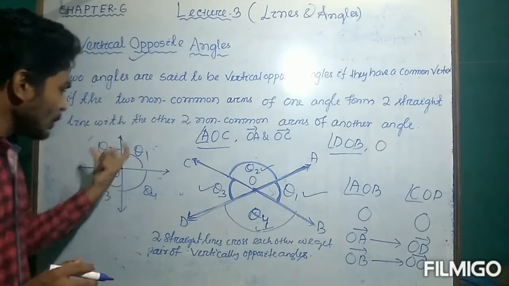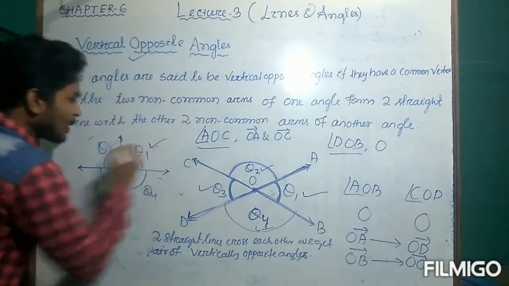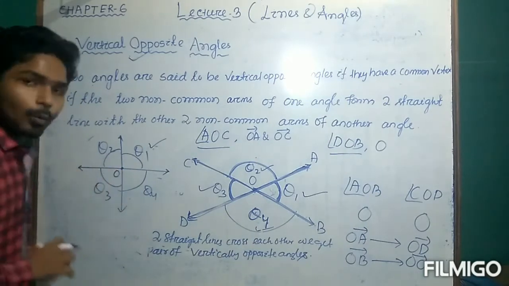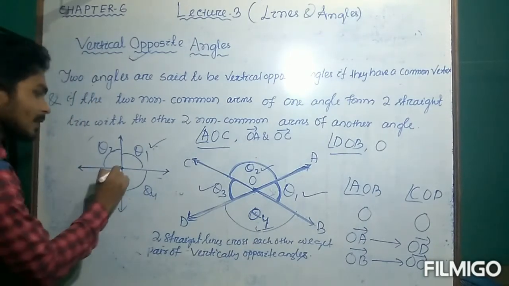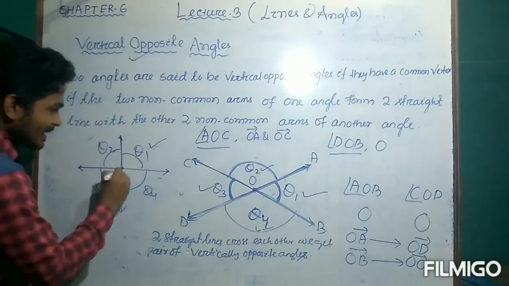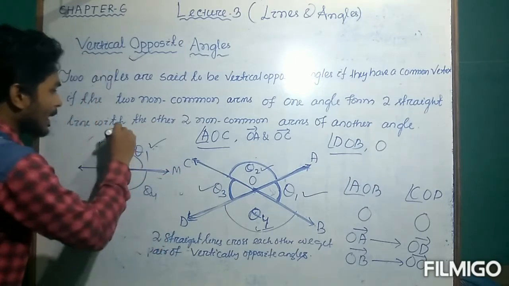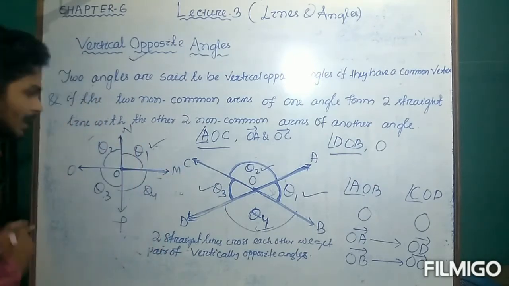Now could you say which two angles are vertically opposite angles? See, angle theta 1, here the vertex is O. Angle theta 3, here also the vertex is O. The first condition is satisfied. Next, for this angle theta 1, suppose the points are M, N, O, P, right?